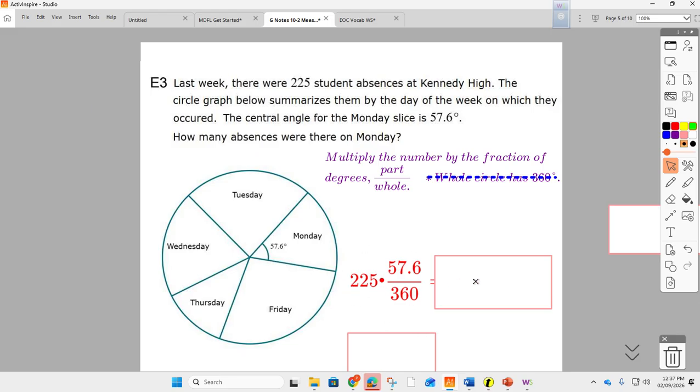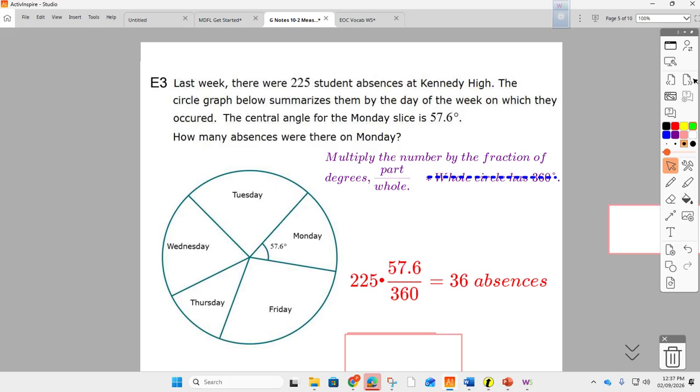So on our calculator, we can literally just type 225 times 57.6 divided by 360 equals. Make sure you're in degrees, not radians. What'd you get, Elizabeth? Yeah, good. So this slice of the circle graph represents 36 people that are absent on Monday.